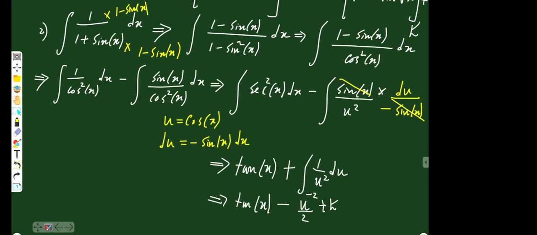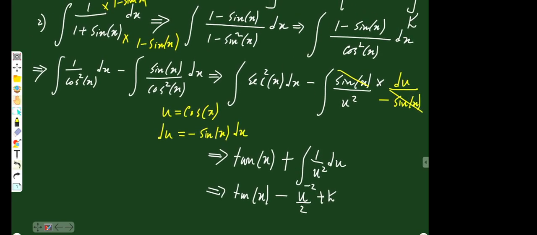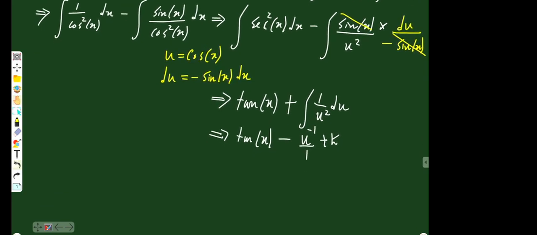Isn't it u to the power of negative 1? Yes. So u is equal to cos x, so the final answer would be tan x minus 1 divided by cos x plus k.